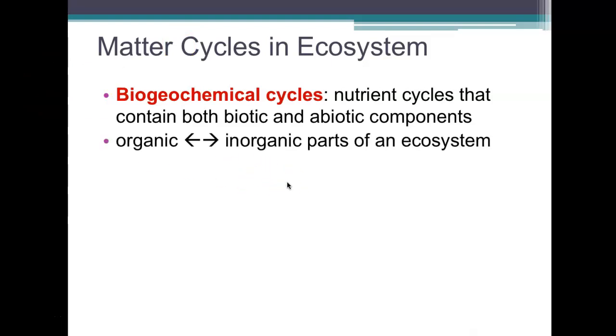So the biogeochemical cycle is going to contribute to the back and forth between organic and inorganic compounds. For example, glucose would be considered organic, right? Proteins would be considered organic. When they get broken down by an organism and digested, and then let's say in cellular respiration, how glucose gets broken down, it releases carbon dioxide.